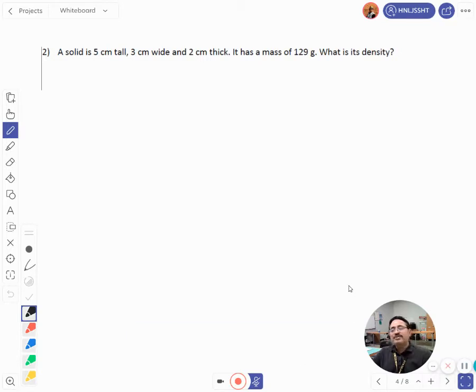Well, the next question is a solid is 5 centimeters tall, 3 centimeters wide, and 2 centimeters thick. It has a mass of 129 grams. What is the density? So, once again, let me write that density formula: density of material is mass per volume.